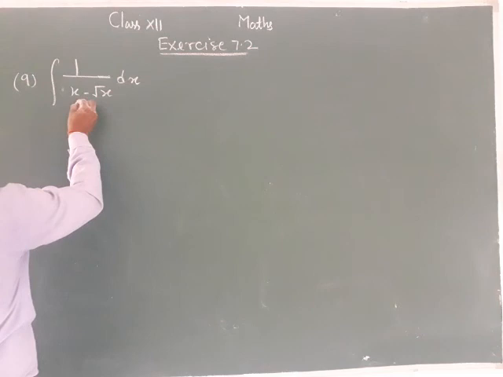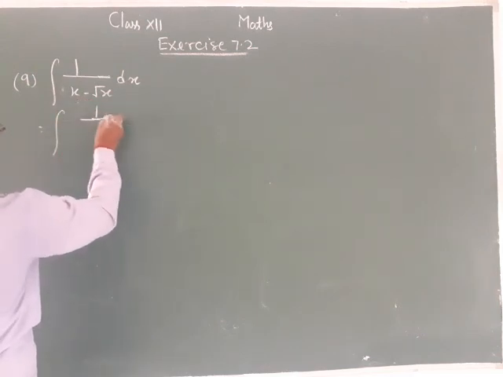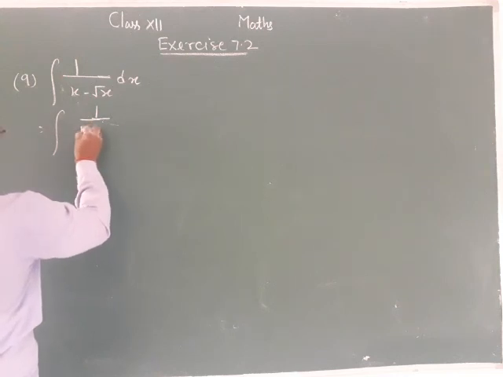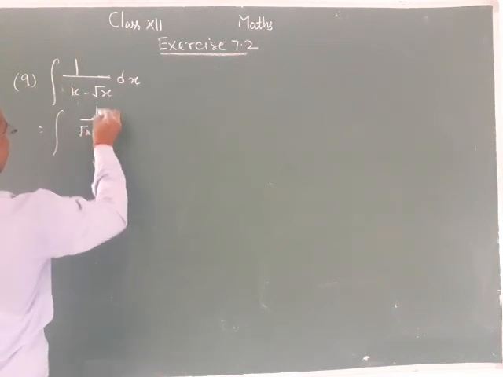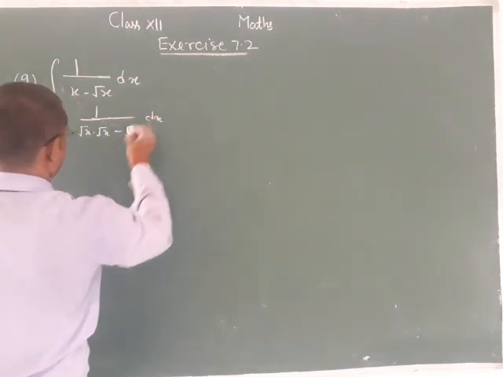Now we can write in this form. So 1 upon root x into (root x minus 1) dx.